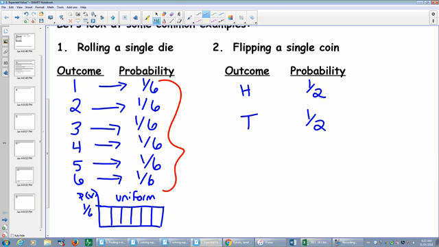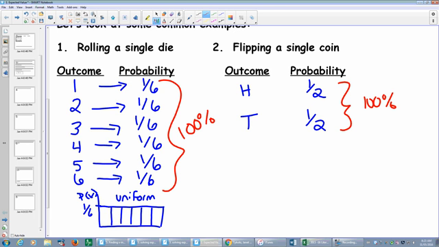Mitchell, can you help him out? You get just 1, which is saying you have 100%. There's a 100% chance that you will roll a 1 through 6. Same thing here. When you flip a coin, if I add up these probabilities, 1/2 plus 1/2, there is a 100% chance that you will have a head or a tails.